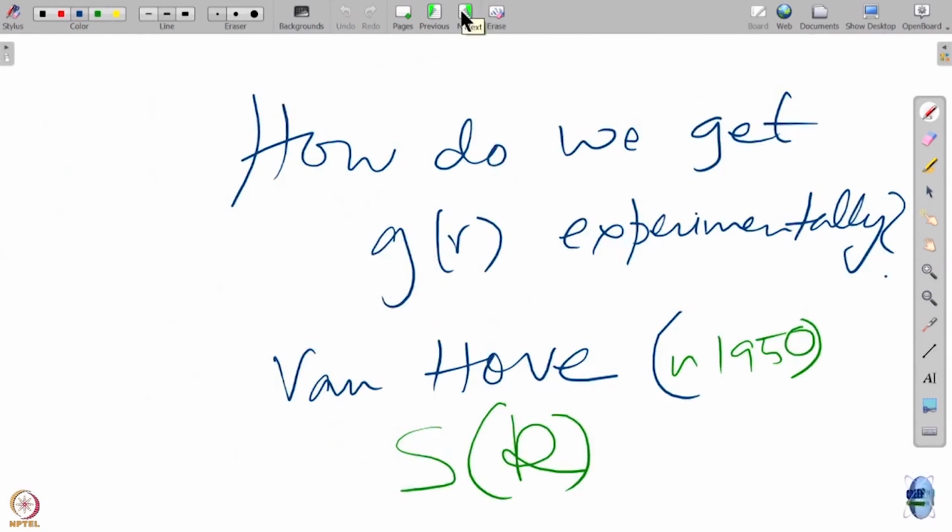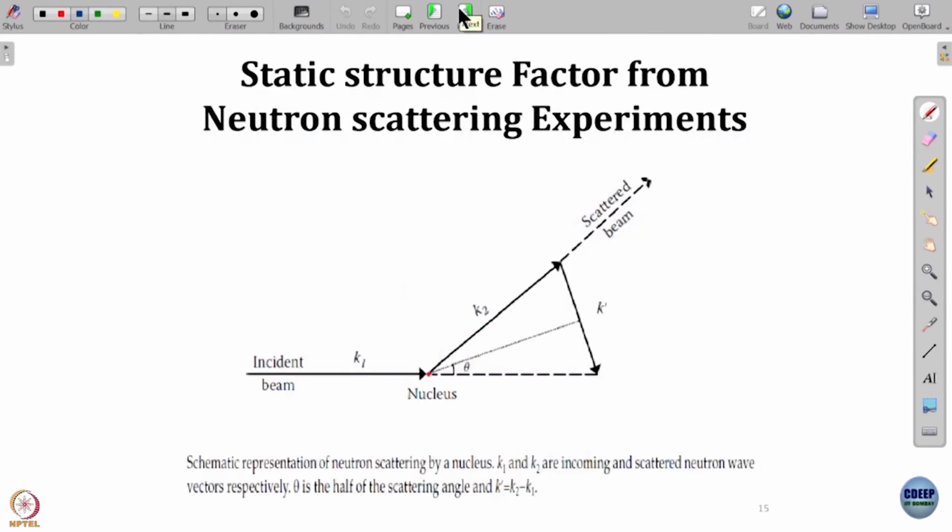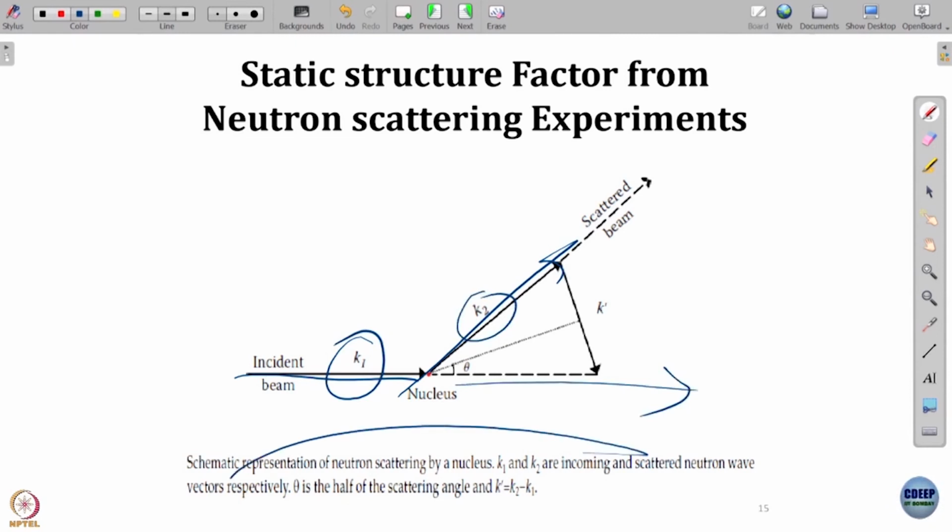Okay. Now this is the geometry: the incident beam comes in and gets scattered. So k_i is the incident beam, k_2 is the scattered one, and this goes to forward scattering, the representation of neutron scattering.